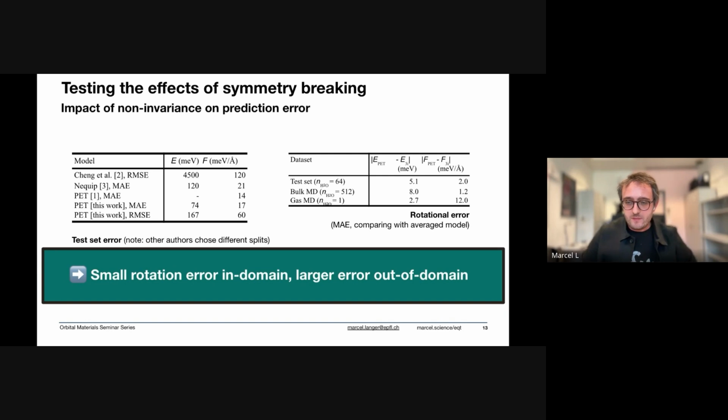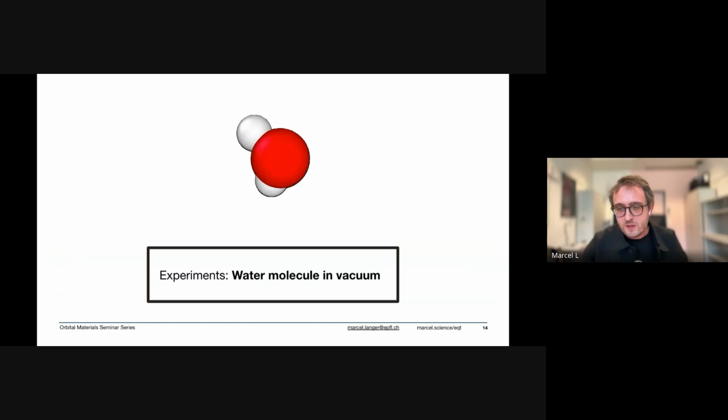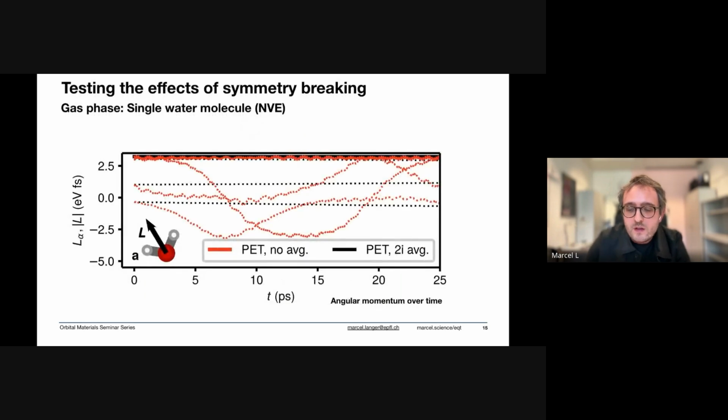So now, being the academics that we are, of course, looking at this and seeing that out of domain is the most difficult, we of course started immediately with out of domain experiments of simulating a single water molecule in vacuum with a model that was only trained on bulk water. And the first thing we did was just doing velocity Verlet NVE simulations and just looking at the trajectories.